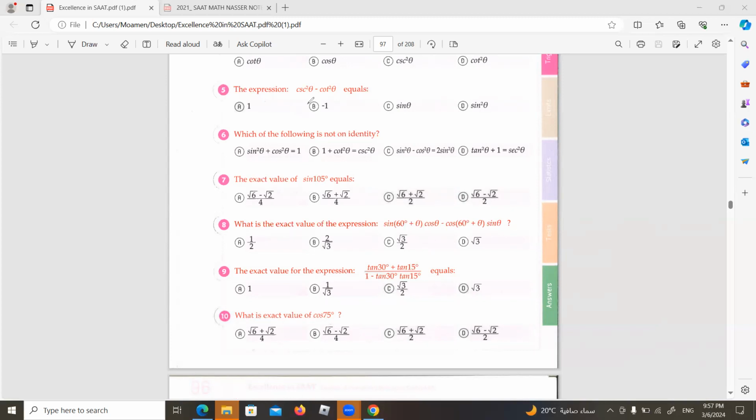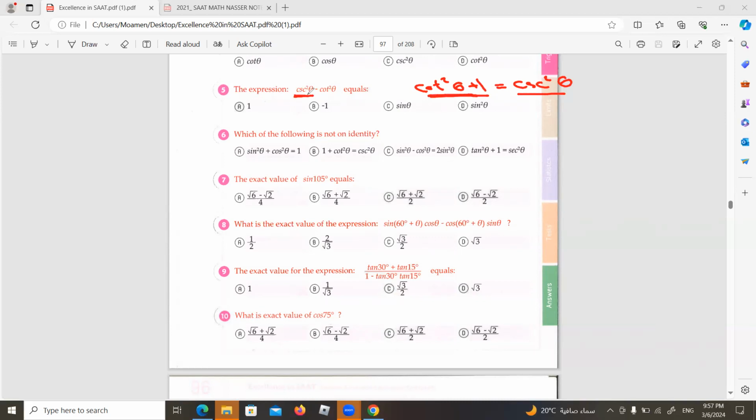Which identity will I use? I know that cotan square theta plus 1 equals cosec square theta. So cotan squared plus 1 equals what? Cosec.